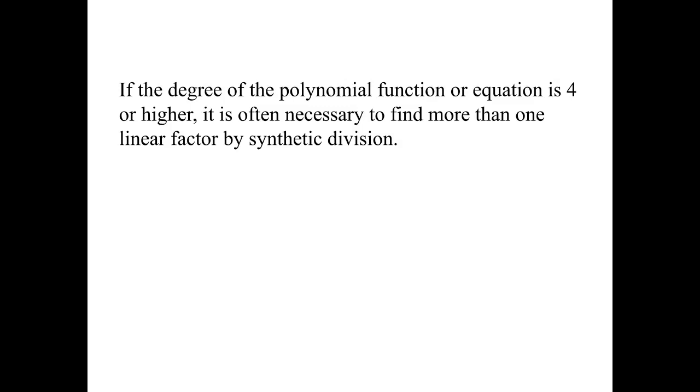So I have to keep doing synthetic division over and over until my quotient is a quadratic function that we can either factor or use synthetic division on. Okay? One of the two.